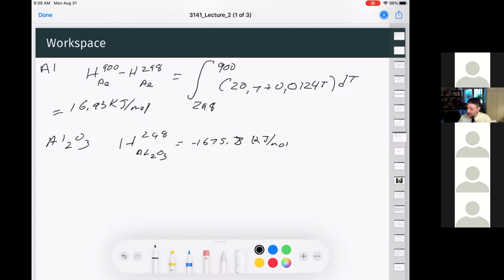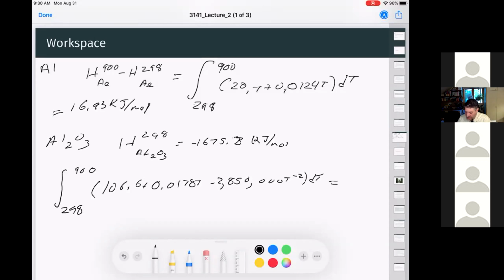So now we need to compute the enthalpy change. We're going to have the integral, again from 298 to 900, of 106.6 plus 0.0178 T minus 2.8 million over T squared, and this works out to be 70.61 kilojoules per mole.